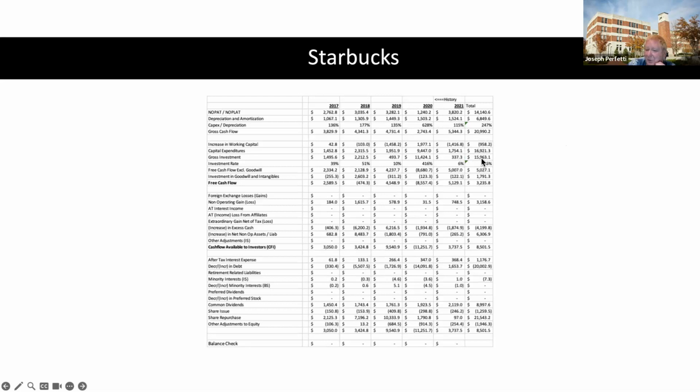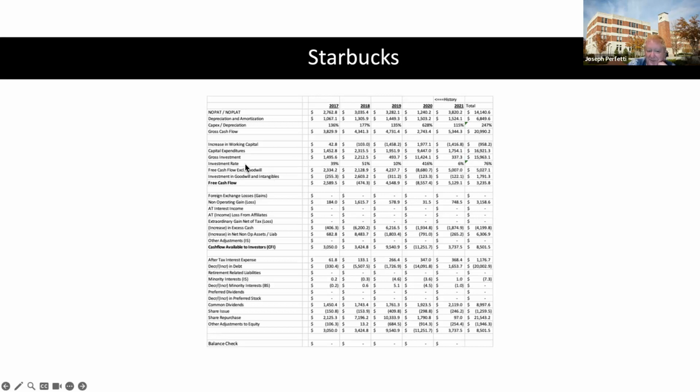Total 15.9 billion reinvested. 20.99 billion of gross cash flow, 15.9 billion of reinvestment, 5 billion before acquisitions. They spent 1.791 billion on acquisition premiums. That's goodwill. And they ended up with 3.2 billion of free cash flow. That was Starbucks over 5 years.